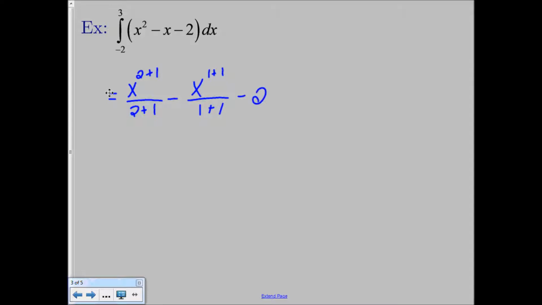And since there's no x there, doing the antiderivative just gives us an x. And then we're going to draw our evaluation sign, which reads evaluated from -2 to 3, which is just going to be x cubed over 3 minus x squared over 2 minus 2x evaluated from -2 to 3. And so now we're just going to plug in, and we're going to be really careful to plug in in the correct order.